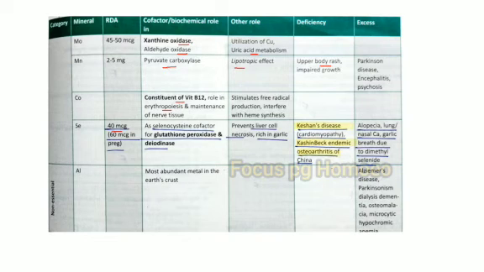Cobalt, its cofactor is a constituent of vitamin B12. It's a part of erythropoiesis and maintenance of nerve tissue. It stimulates free radical production and helps in heme synthesis. Coming to selenium, daily requirement is 45 micrograms and it's a cofactor for glutathione peroxidase and deiodinase. It prevents liver cell necrosis and it is rich in garlic.